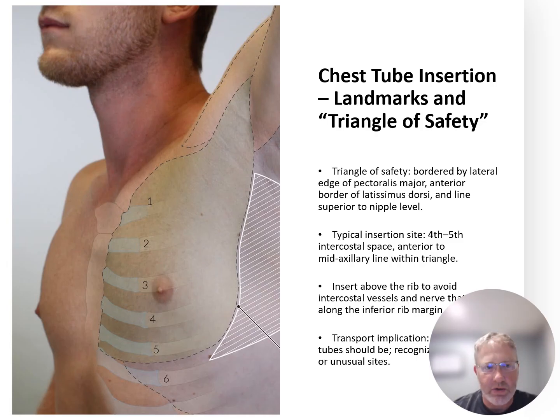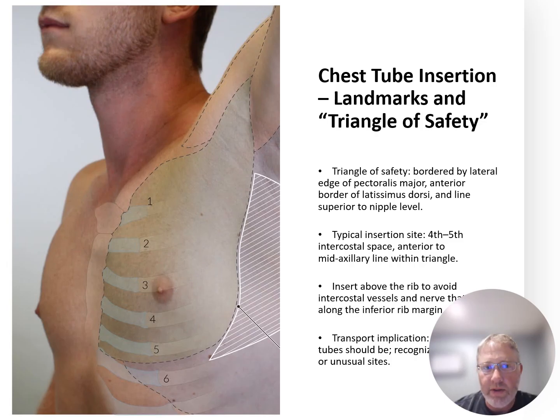Within this triangle, the typical insertion site is the fourth or fifth intercostal space at the anterior to mid-axillary line. And the diagram here gives you an indication of that.